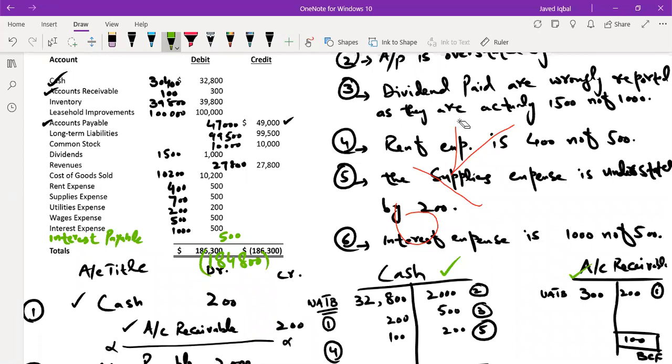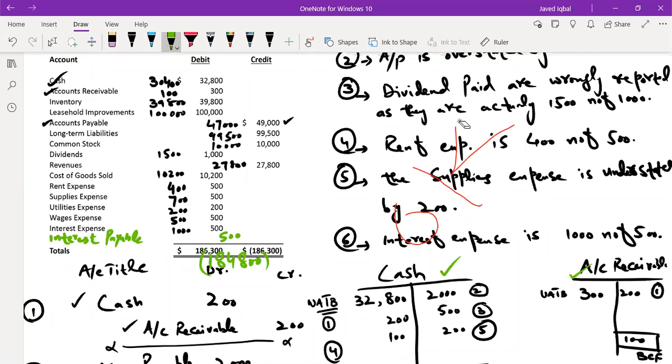And now we'll be checking this. Since there are too many numbers, I might open the calculator. Okay, 30400 plus 100 plus 39800 plus 100,000, five zeros, okay.